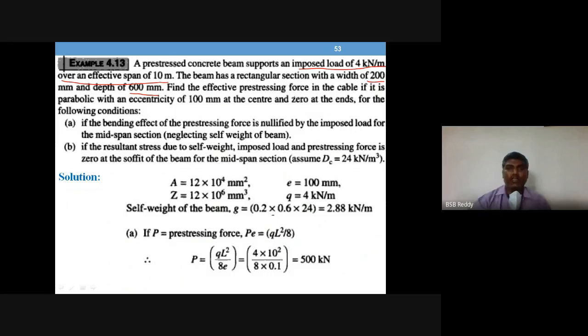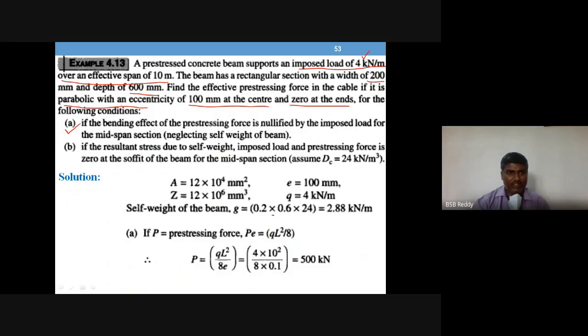To find the effective pre-stressing force if the cable is parabolic with eccentricity 100 mm at the center. As you have UDL acting on the beam, you shall select a parabolic cable, even though it is not told, but it is given in the question itself, and 0 at the ends, having 0 eccentricity at the ends, for the following conditions.